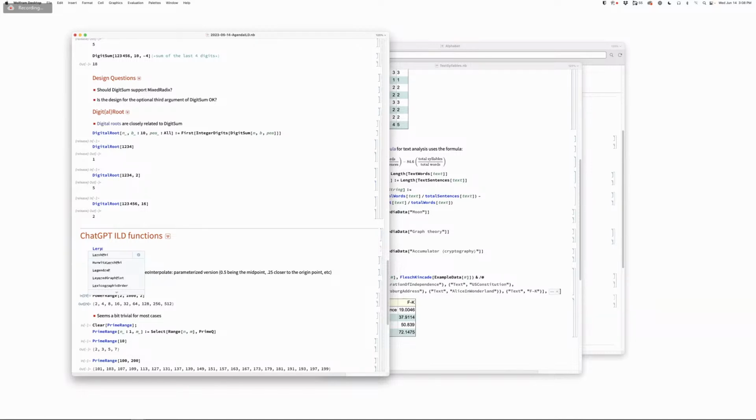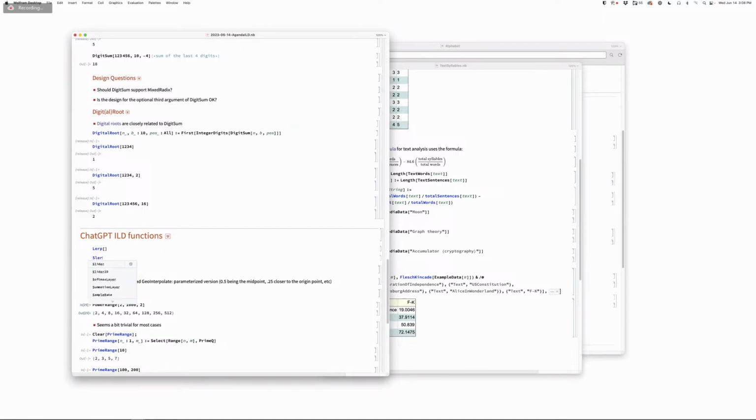What is LERP? It is a linear interpolator, and that is the standard name. You give two points, and it gives you, say, 0.4 of the distance to the first. I think we have a function that does this, but I've now forgotten its name, which is a really bad sign.